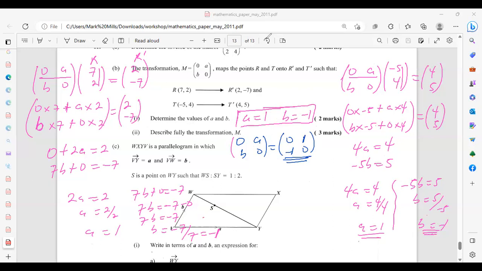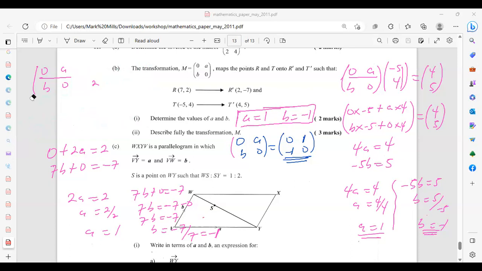No, it's not a single matrix, but you see, we want to describe fully the transformation of that. All right, so I'm going to help you guys to understand something. Can I clean this? Yes, sir. All right, I need a space, so we clean this side here, all this side.